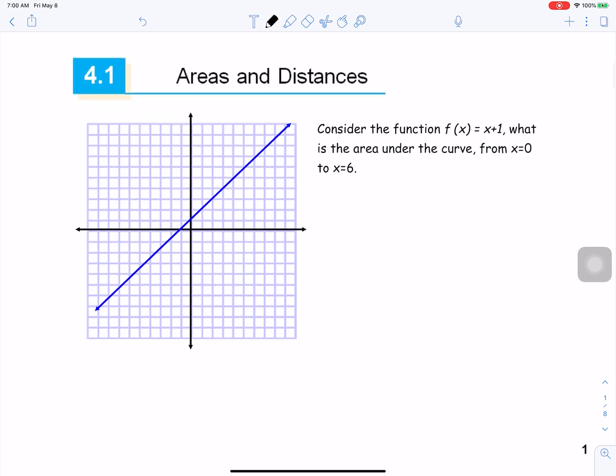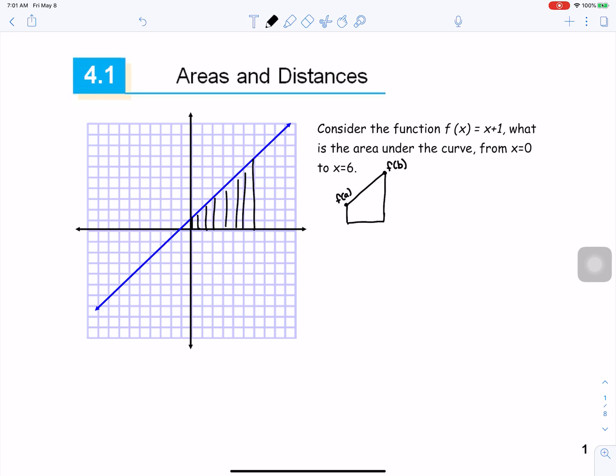I give you a function, f of x equals x plus 1. I'm interested in the area under the curve from 0 to 6, so 1, 2, 3, 4, 5, 6. The shape being formed is a trapezoid. When we want to find the area of this trapezoid, I'm going to call this distance f of a, the height of that, and this distance f of b.